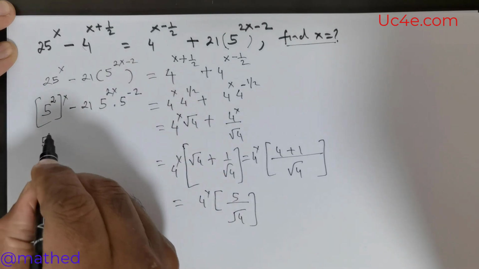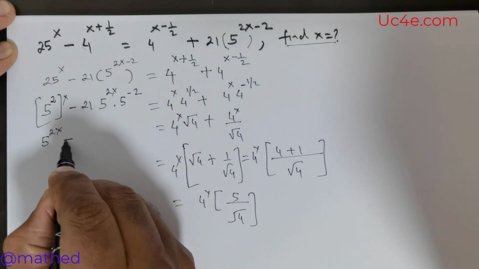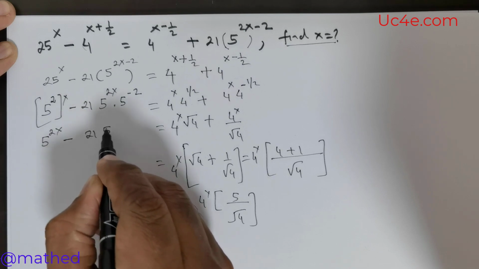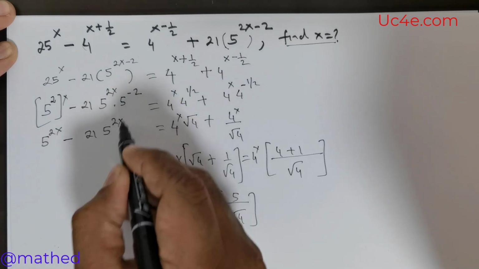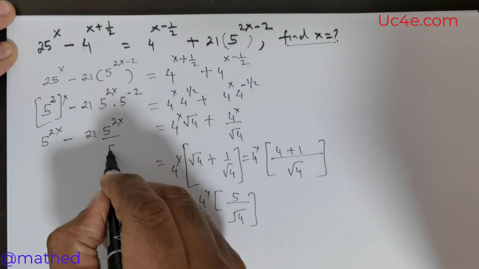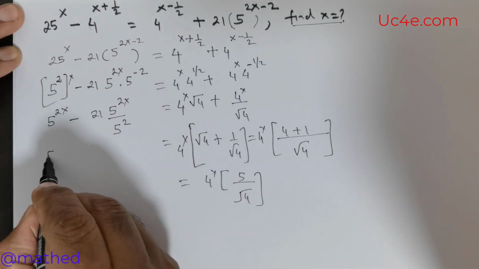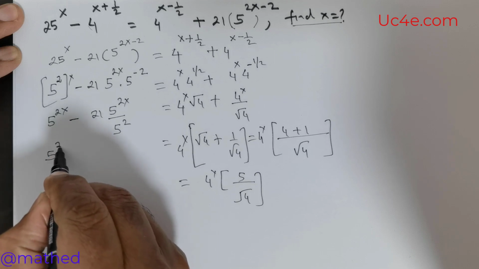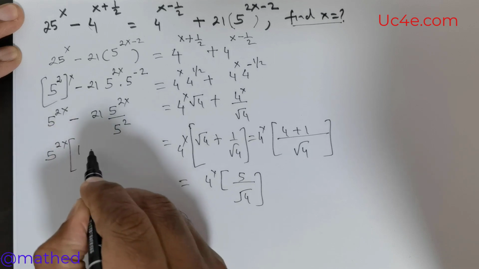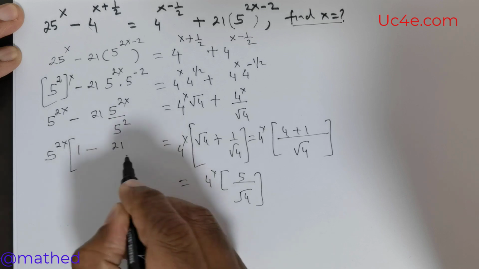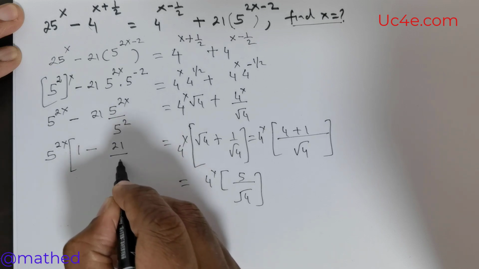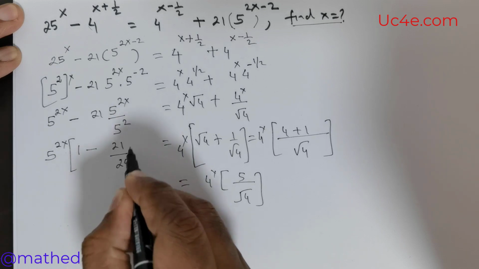Now this is nothing but 5 raised to the power of 2x minus 21 times 5 raised to the power of 2x. 5 raised to the power of negative 2, we can push it and rewrite it like this. Okay, so from here I can take 5 raised to the power of 2x out. So this is going to give me 1 minus 21 over 5 squared. That's going to be 25.